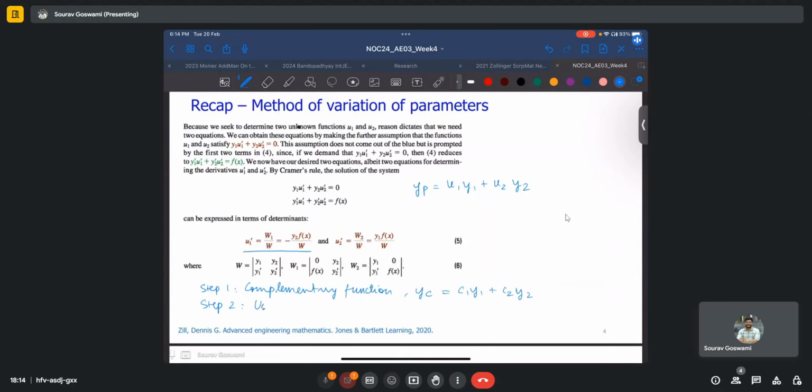Next, we use these y1 and y2 to compute the particular solution, which as we saw is assumed to be some u1 y1 plus u2 y2. By going through this method of variation of parameters, we obtain these u1 and u2. And finally, we end up with the general solution, which is a linear combination of the complementary and the particular.